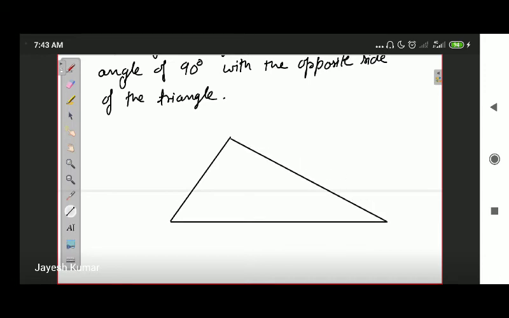Suppose this is my triangle. I have taken a scalene triangle ABC.